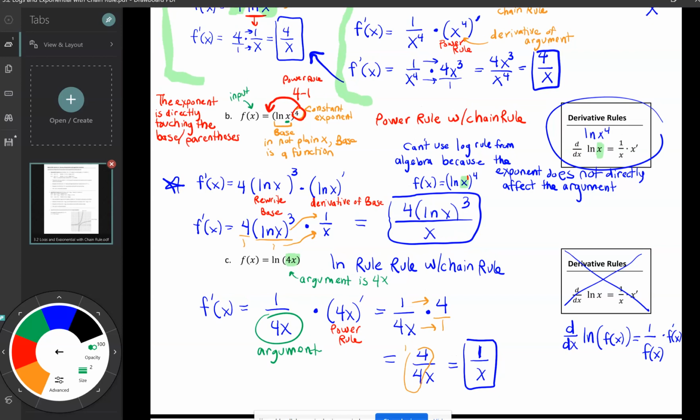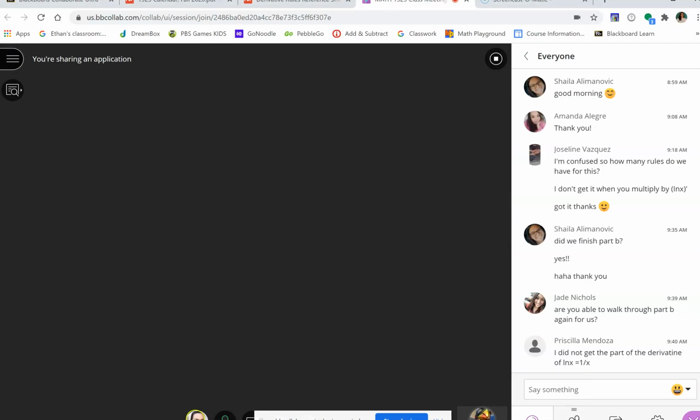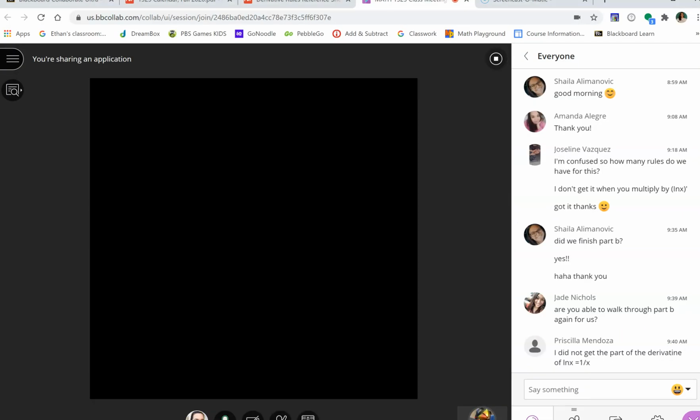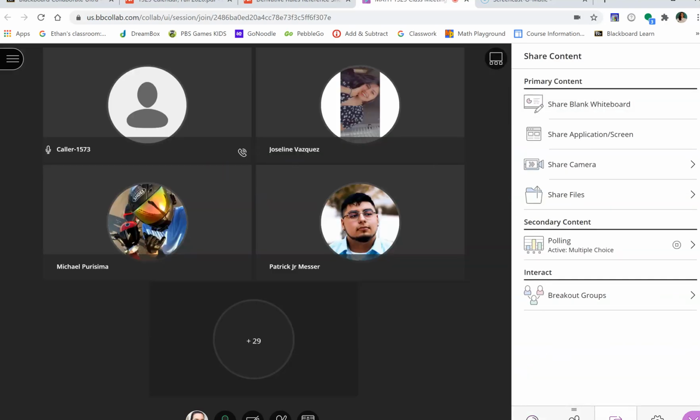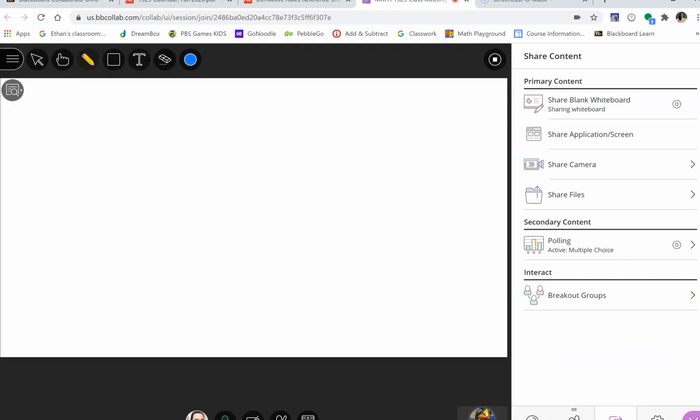Let me do this real quick because B is such a gigantic mess. Okay, so our function was this. It was a base to a constant exponent.